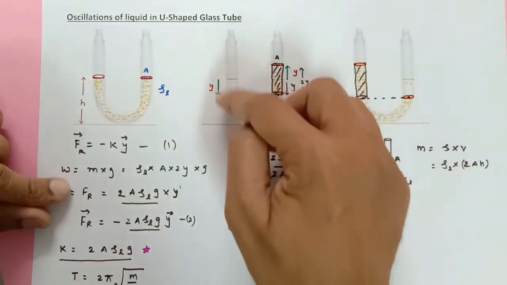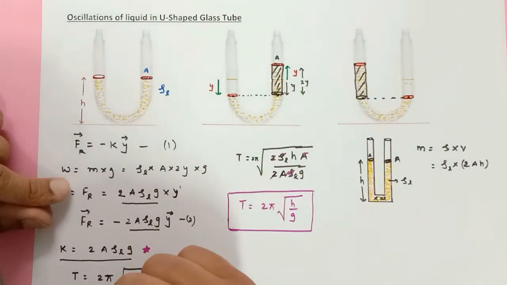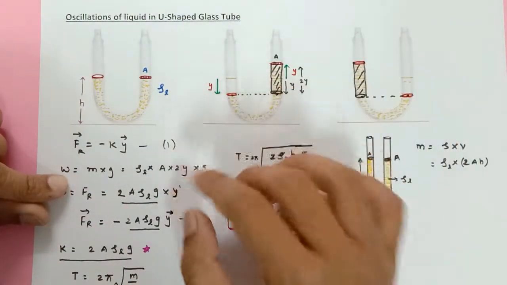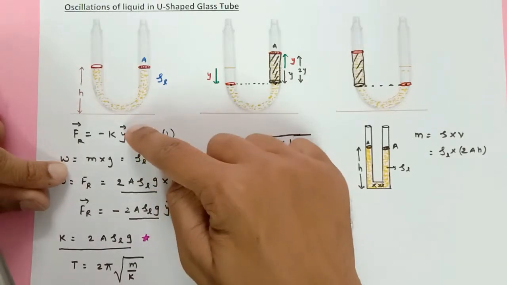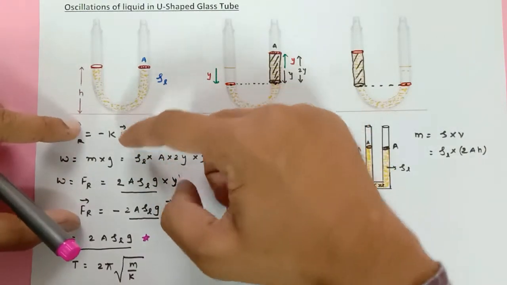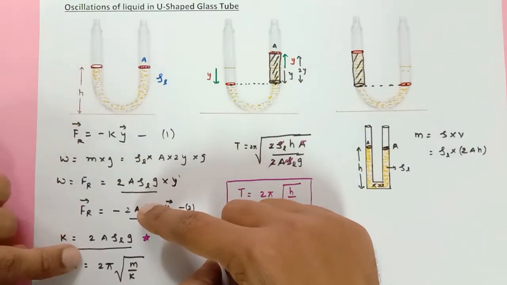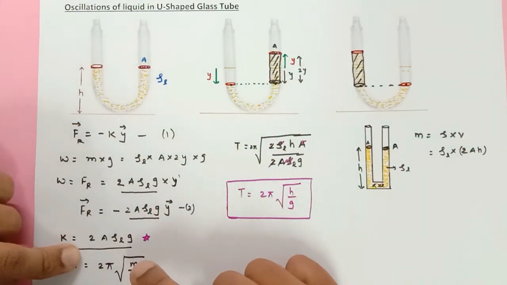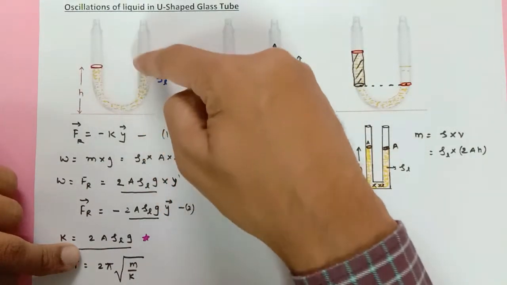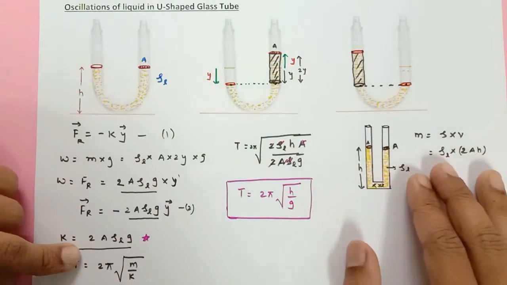Otherwise, it would be simply an oscillating liquid, not simple harmonic motion. Now, after doing that, compare this equation with this. This is the equation of SHM, restoring force. Now, from here, find out the value of K, substitute the value of K over here, and remember, M is the mass of the liquid which is oscillating. So here the entire mass of the liquid is to be considered, which is to be considered like this.